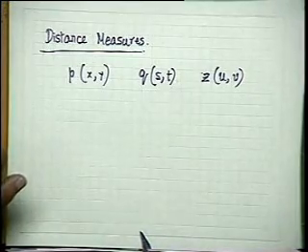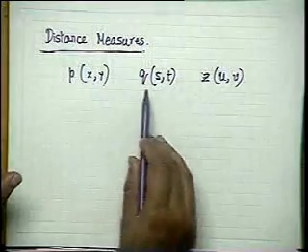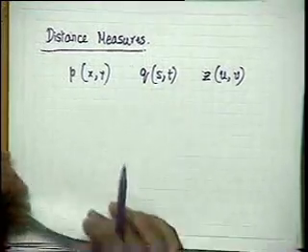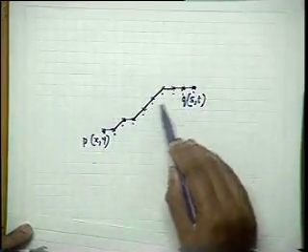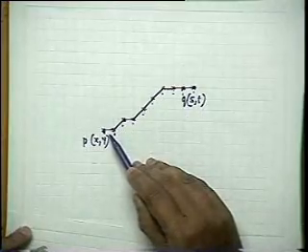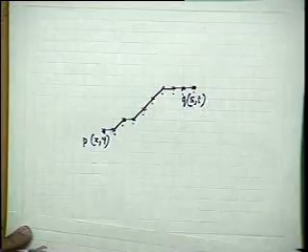Now I am interested in defining the distance between the point P and the point Q. I have a point P over here, a point Q over here, and I am interested in finding out the distance between these two places.